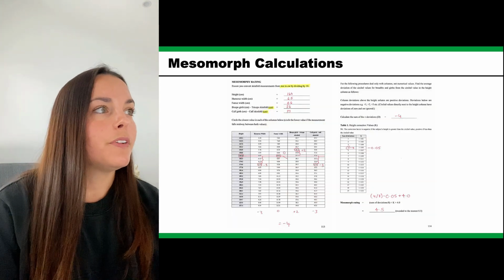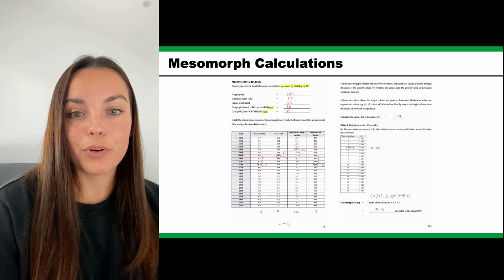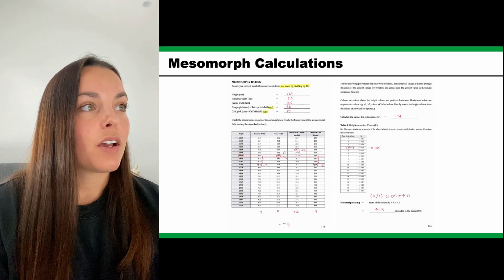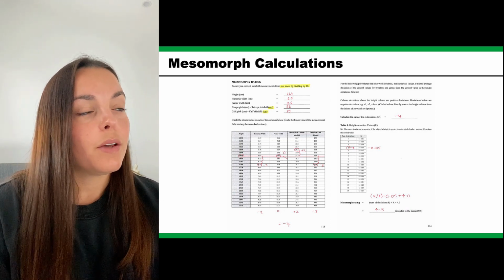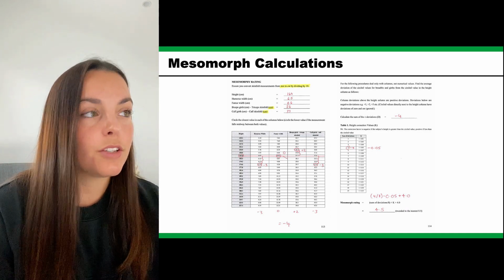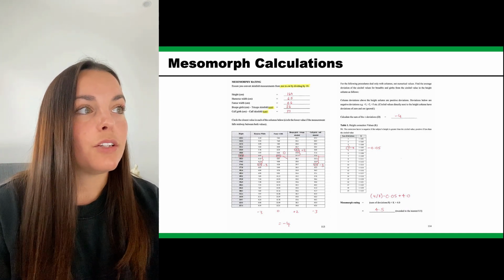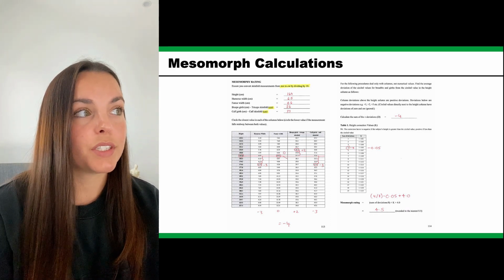To get the mesomorphy rating, the calculations get a little bit more complicated. So we take height, we take the humerus breadth and the femur breadth, and then we need to take the bicep girth and minus the tricep skin fold, and then do the same for the calf. So take the calf girth and minus the calf skin fold.